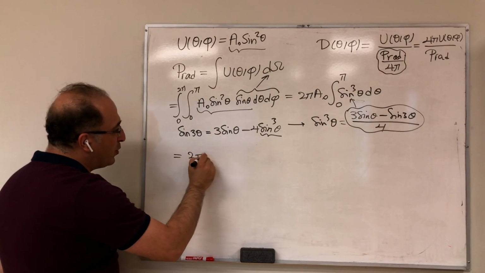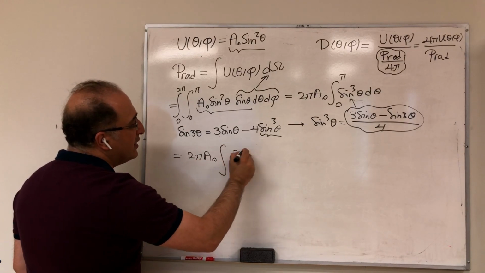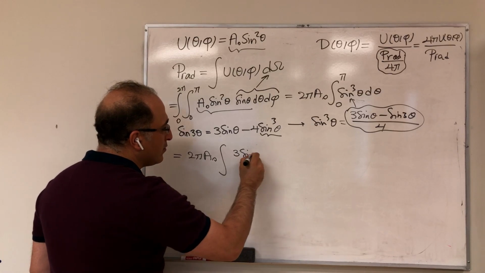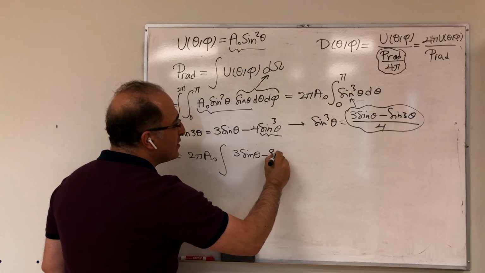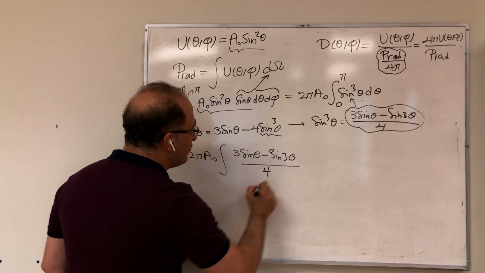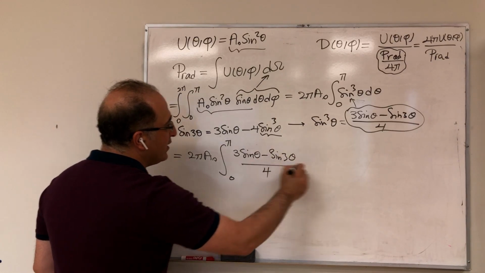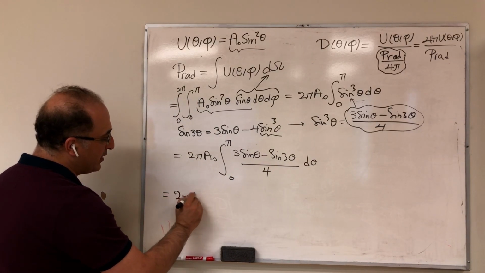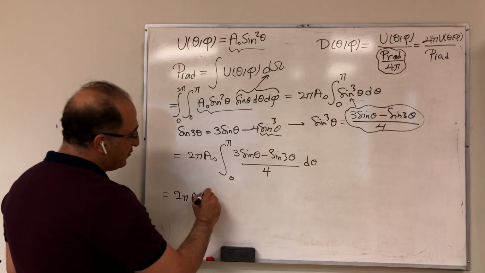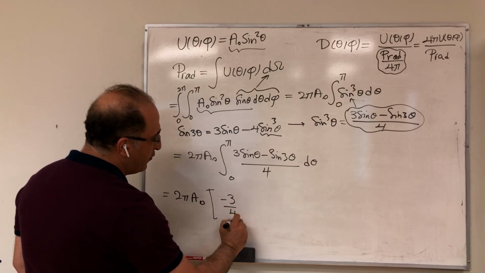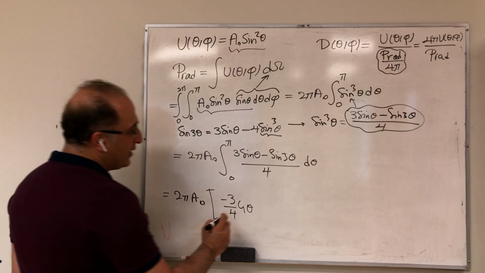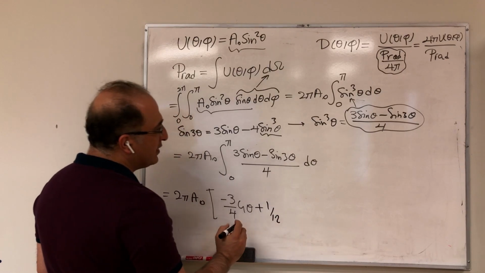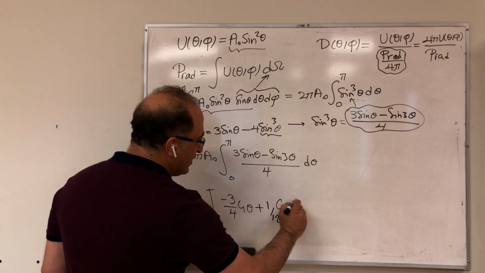So I'm going to have 2 pi a naught times the integral of 3 sine theta minus sine 3 theta divided by 4, from 0 to pi, d theta. And that's going to give me 2 pi a naught times minus 3 by 4 cos theta plus 1 divided by 12 cos 3 theta.